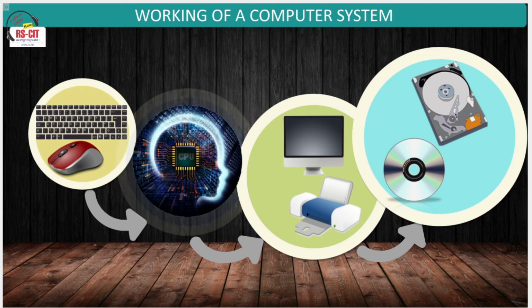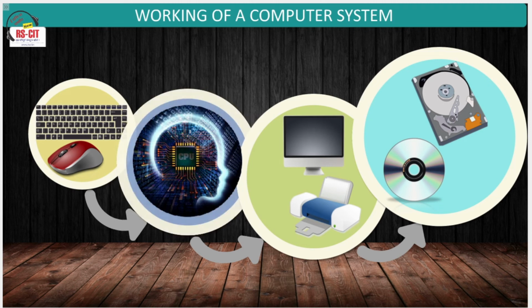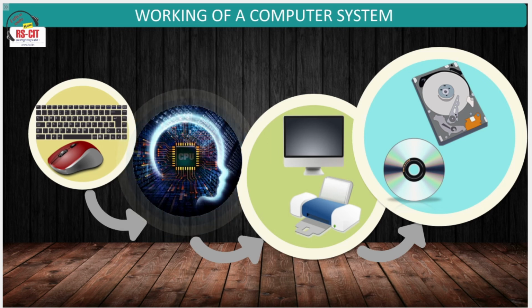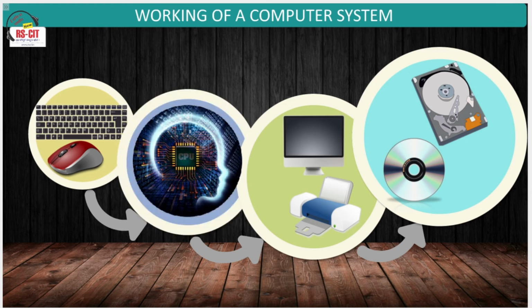Next comes the CPU, that is Central Processing Unit. It is also called the chip. A CPU, a processor, or a microprocessor is often described as the brain of a computer. The CPU is an integrated circuit or chip which processes instructions and data.